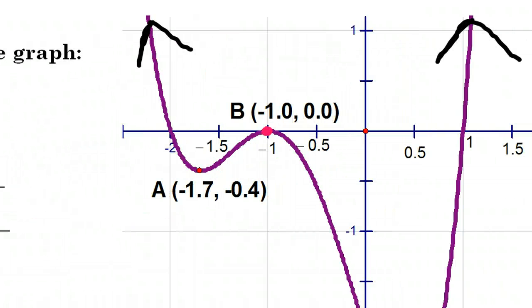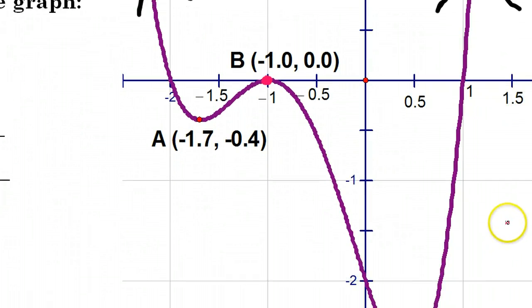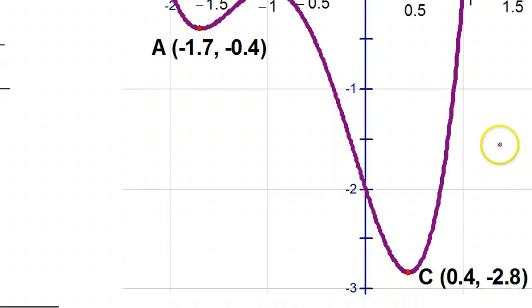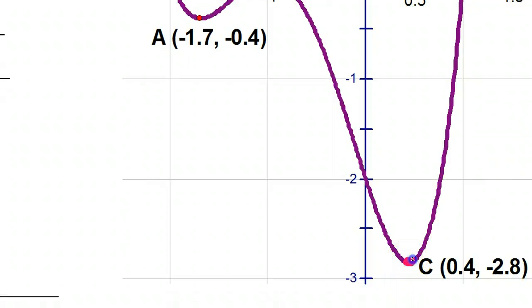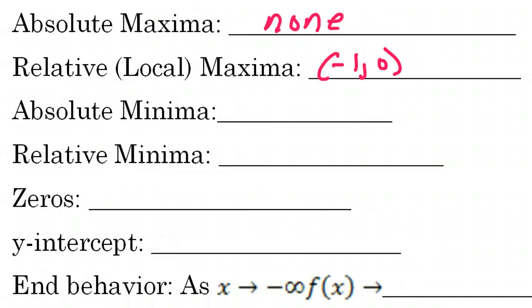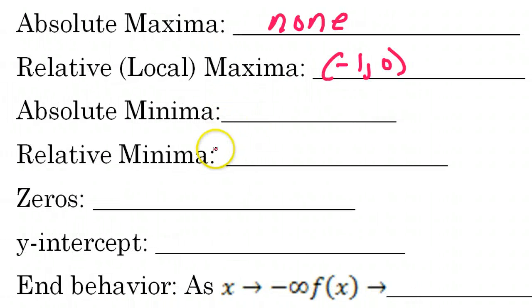Is there a lowest point of the graph, a 100% lowest point? Yeah, right here. This is the lowest point of the graph, and it does not go any lower than this. So 0.4, -2.8.